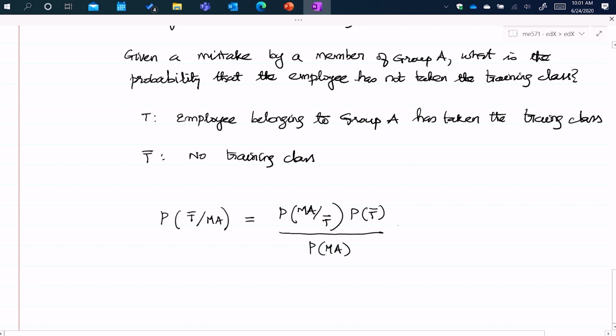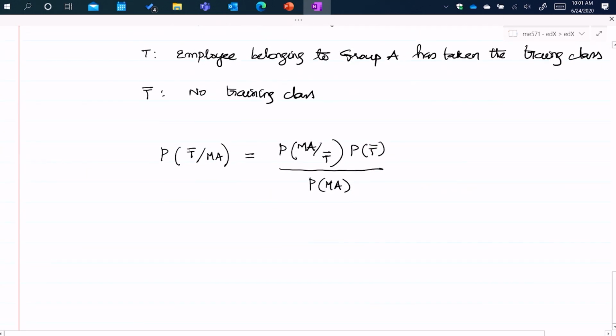Of the people who belong to group A, there are two ways they could make a mistake. Those that had the training could still make mistakes, and those that haven't had the training could also make mistakes.